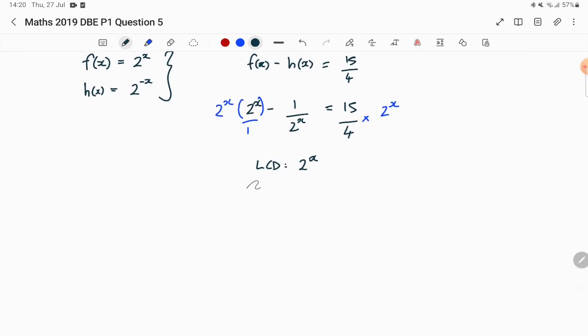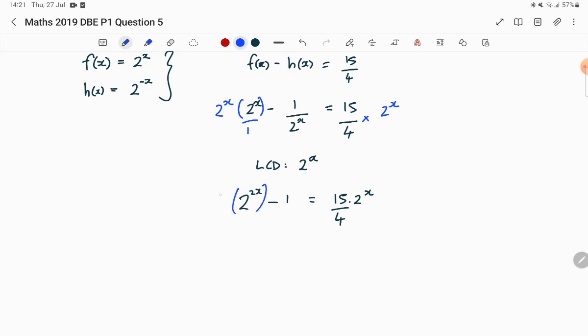So we would then get 2 to the power 2x minus 1 is equal to 15 over 4 times 2 to the power x. Thereafter, we can get rid of our 4, so we can multiply every single other term by 4.